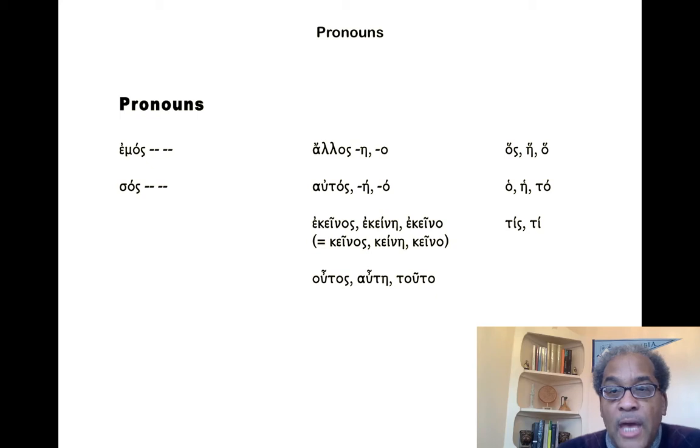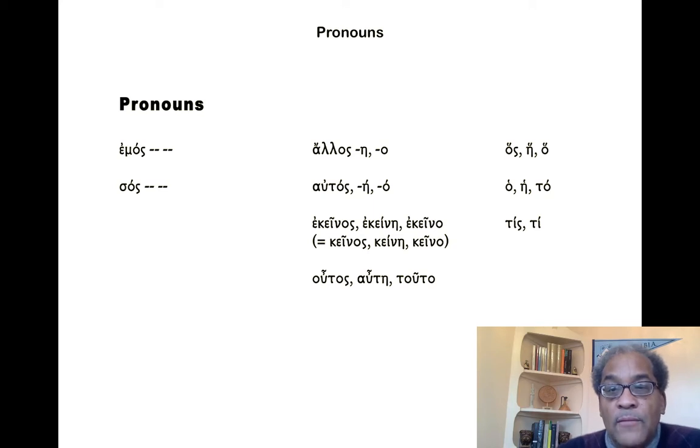So you see with hautos, haute, hauto, ekgenos, ekgene, ekgeno, which can be presented in Homer without the epsilon, kenos, kene, keno, and then finally hutos, haute, duto.